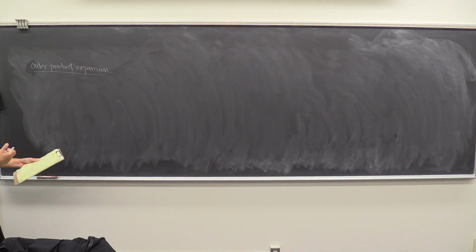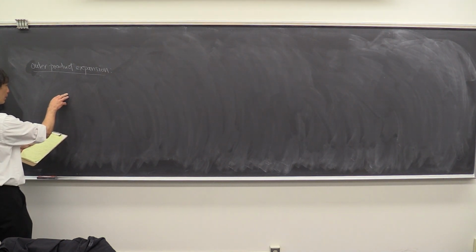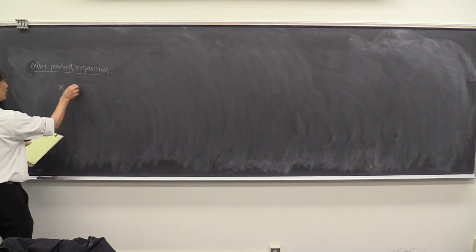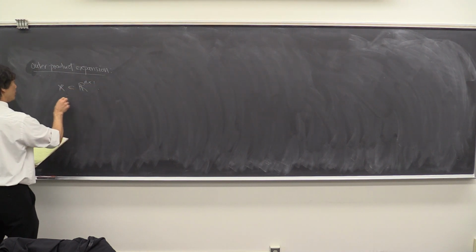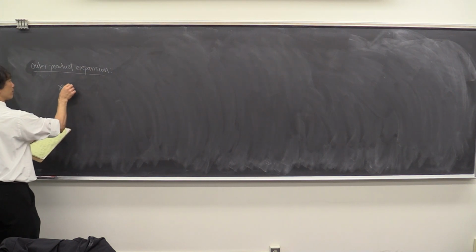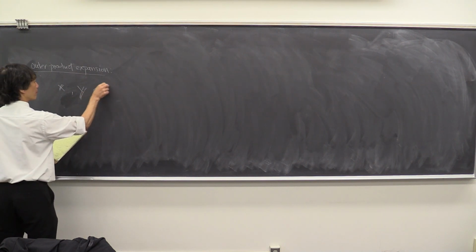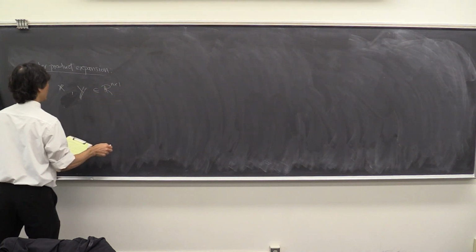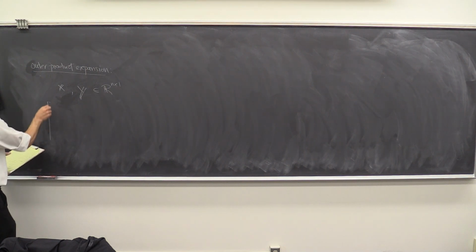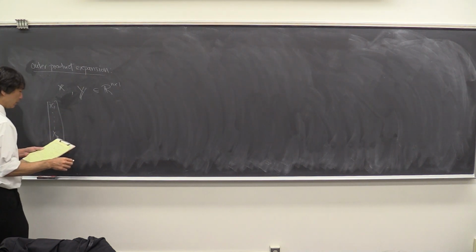It's something called the outer product expansion. So you have two vectors, both n by 1. They've got n rows and 1 column.